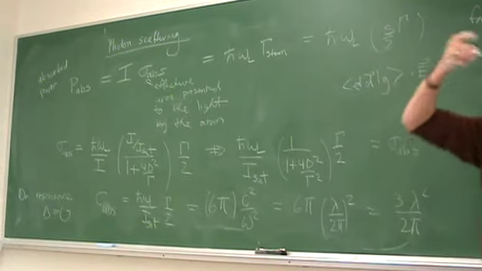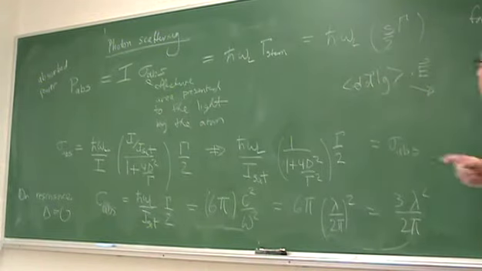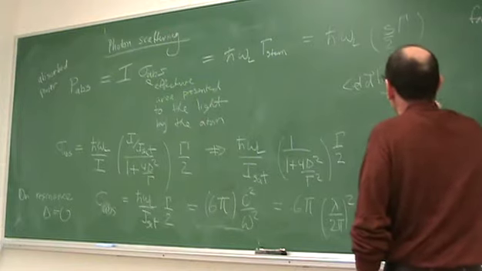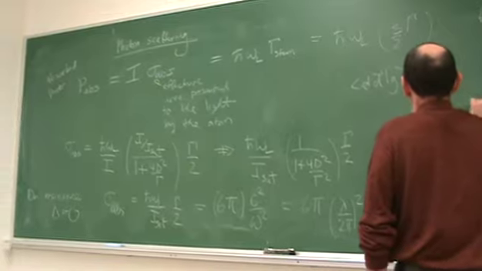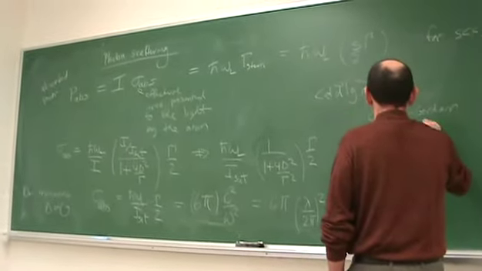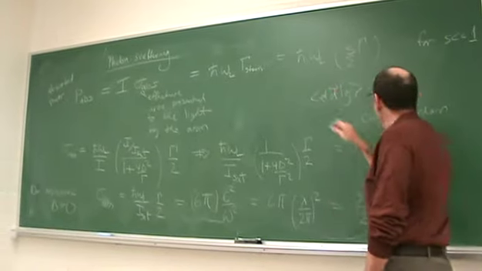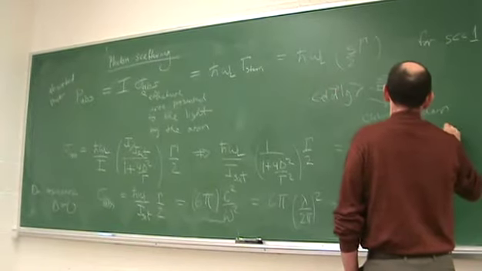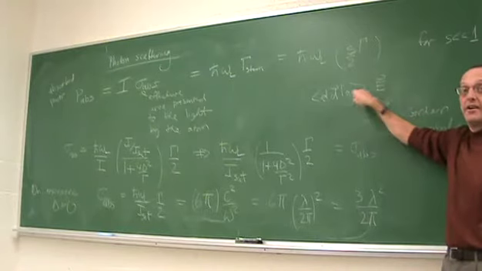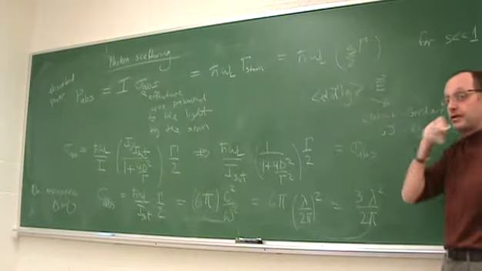all the details that you guys have been studying for the last few weeks, there's all kinds of stuff related to Clebsch-Gordan coefficients and 6J symbols and all of the aspects of the oscillator strength associated with this two-level transition.